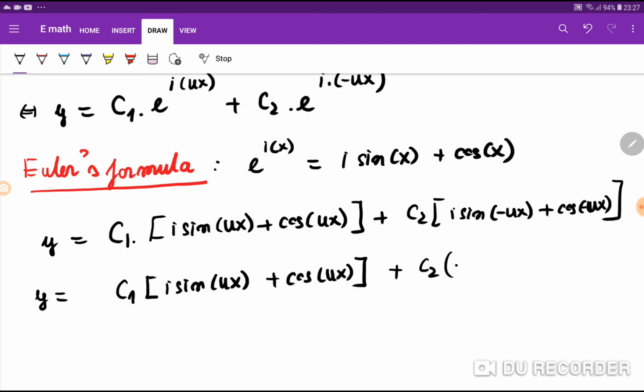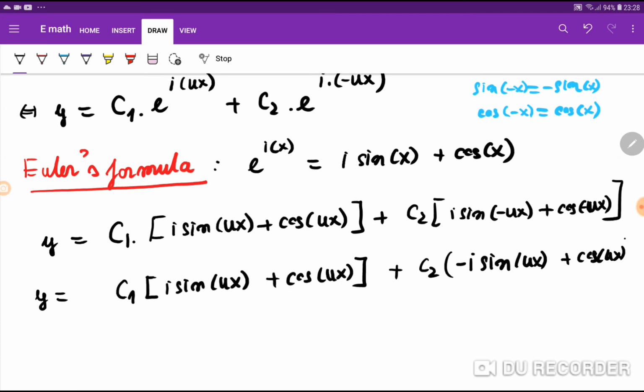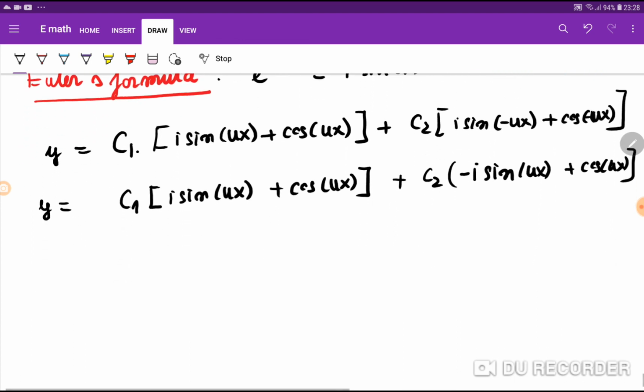Remember guys, don't forget, sine of negative x equals negative sine x, and cos of negative x equals cos x. So in this case it would be negative i sine ux plus cos ux. Now I'm going to expand it.